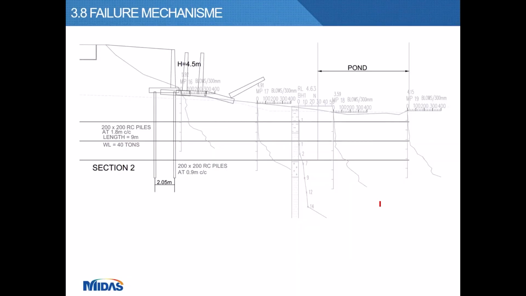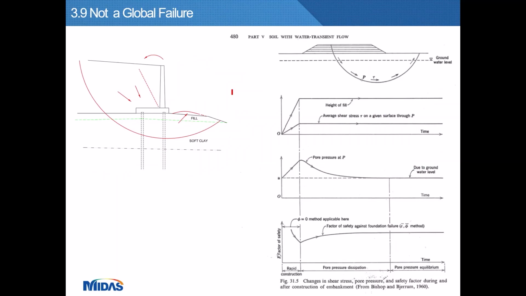And this is a deduced failure mechanism after gathering some information from the stakeholders. The mode of failure was initially translational, followed by toppling after the stem of the RC wall broke. We have ruled out a few possibilities of the failure.